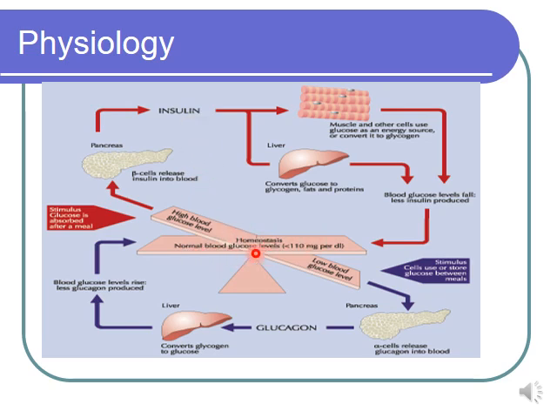Normal homeostasis is maintained by two important hormones. One is insulin, which is secreted by the pancreas. Another one is glucagon, which is secreted by the alpha cells of the pancreas. If there's a high blood glucose level, beta cells release insulin into the blood, which acts on the liver, which converts glucose to glycogen, fat and proteins, and acts on the muscle to take up the glucose and convert it to glycogen.